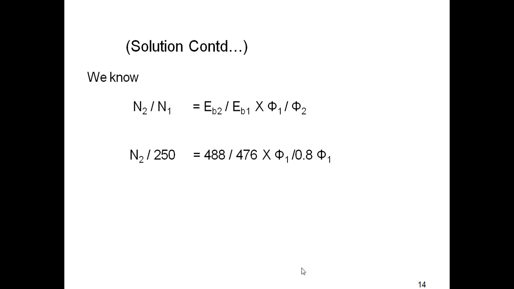Phi 1 gets cancelled, and on solving this, we get the value of N2 as 320.4 RPM.